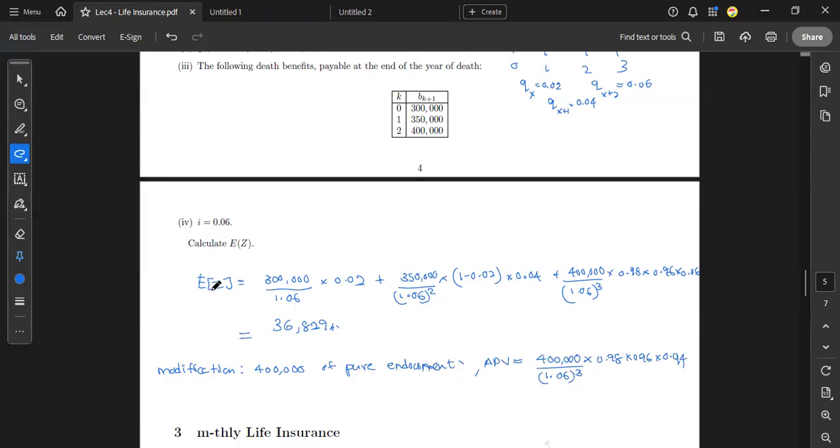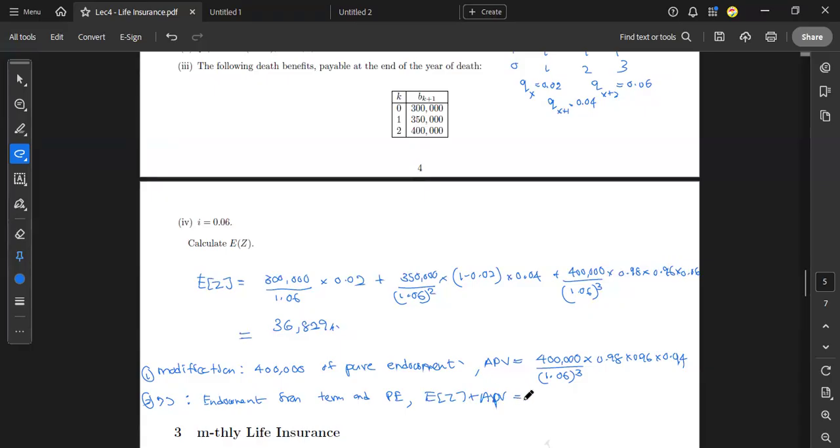So if I create the first modification, the second modification, if I create an endowment insurance from term and pure endowment, then you just need to get this done.